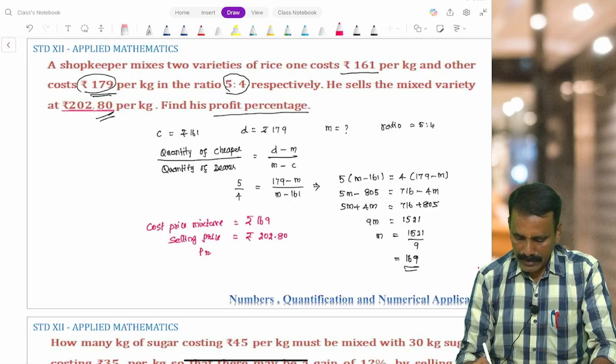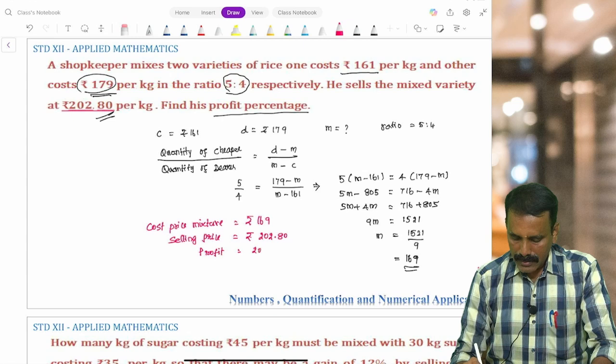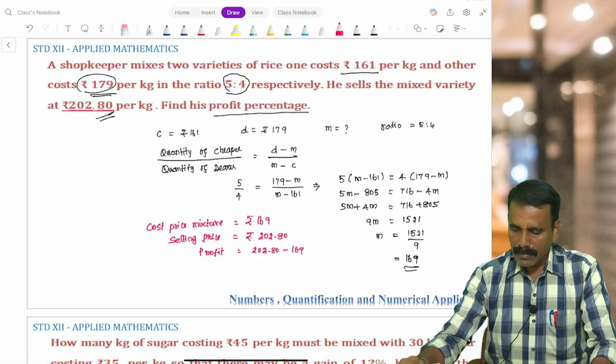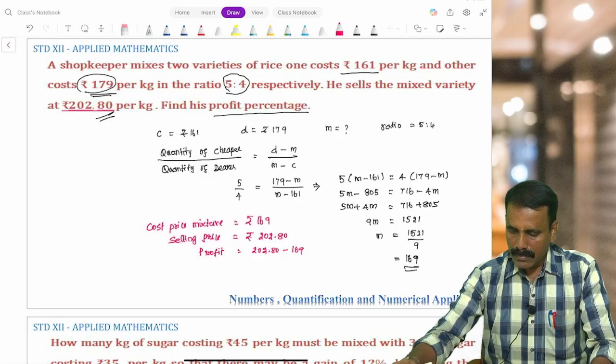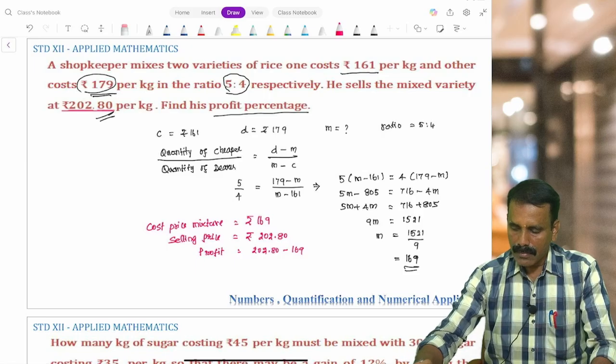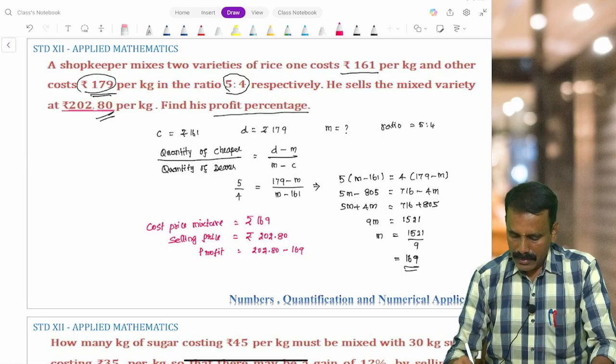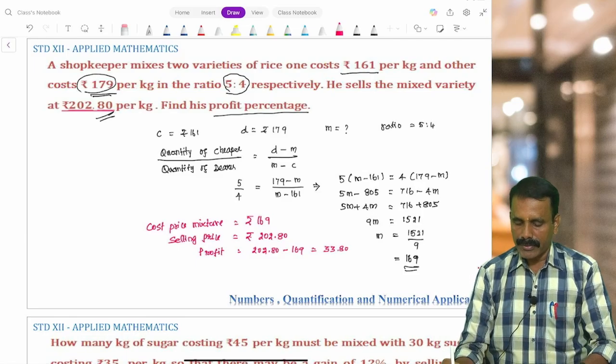Now we calculate profit. So 202.80 minus 169 turns out to be 33 rupees 80 paise. It is a profit.